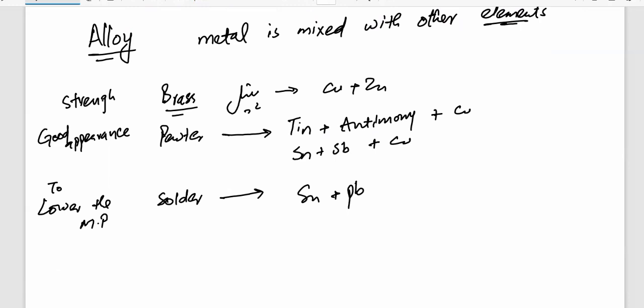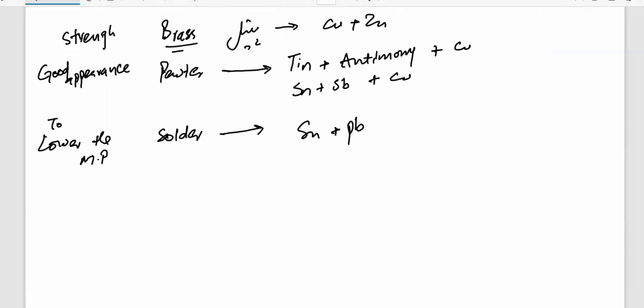The next one is cupronickel, in which copper and nickel both are used. It is resistant to corrosion. It doesn't corrode.